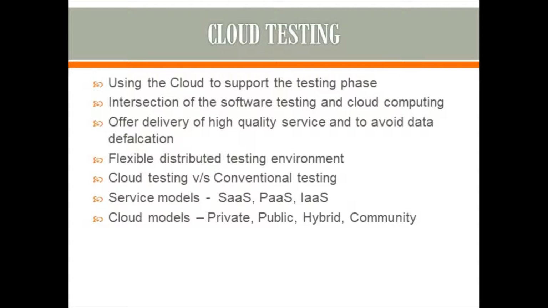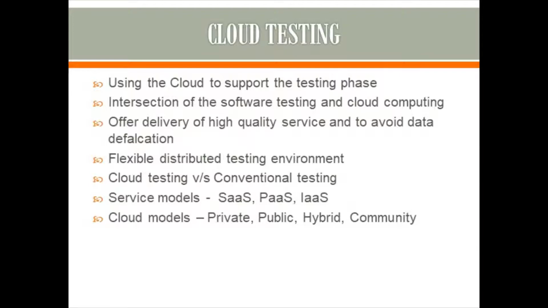In cloud computing, there are three service models. One is software as a service. This model is given to the consumer so that they can access any cloud application over a web browser. Then comes platform as a service. This is provided to the consumer so that they can deploy their own applications over the available cloud infrastructure.